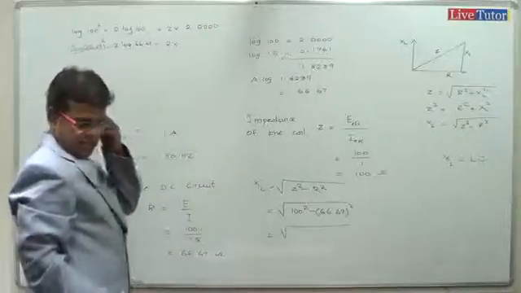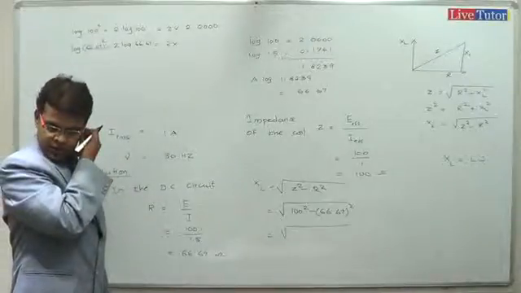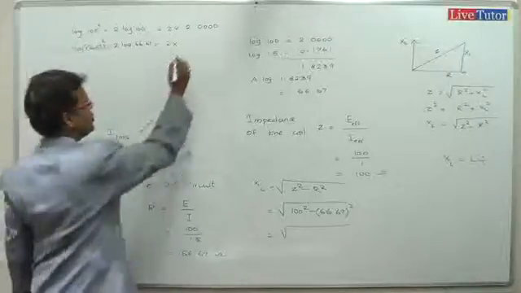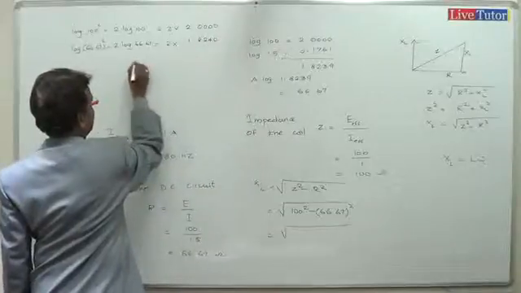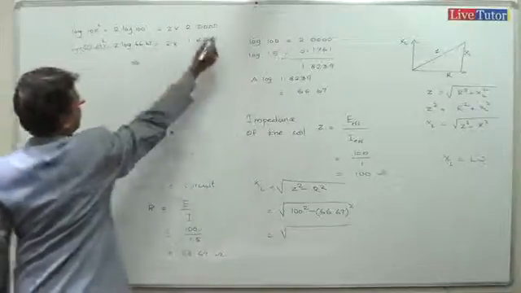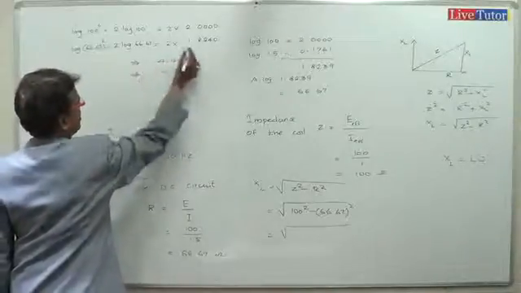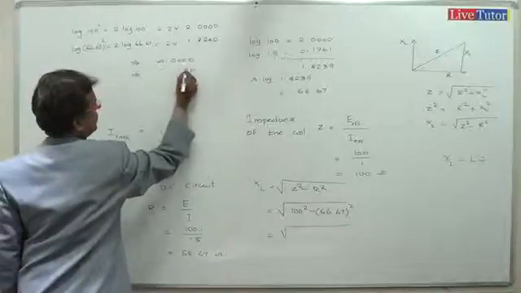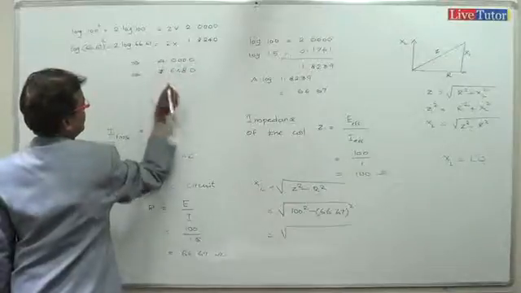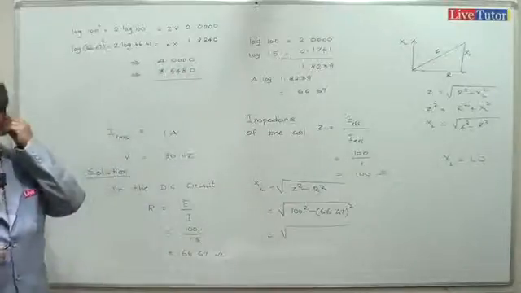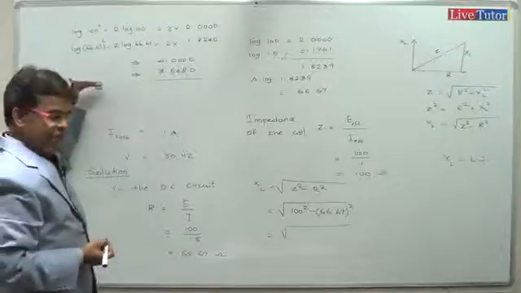Similarly, log 66.67 is 1.8240. Now you have to multiply this first. So you can write this as 4.0000, and this is 3. Now we have to subtract it and then take half of this.